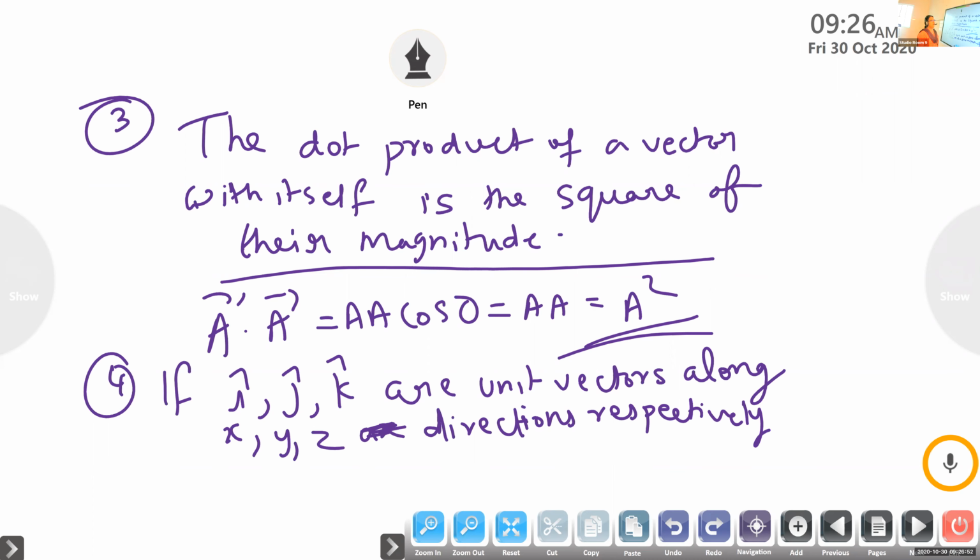Now we are going to learn their products, how they are going to be. So there are around 9 products. I dot i, j dot j, k dot k, then i dot j, j dot k, like that.